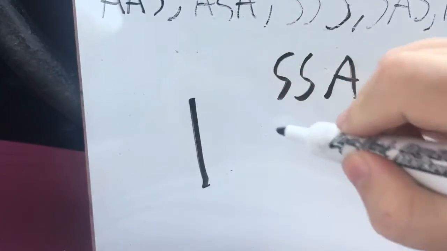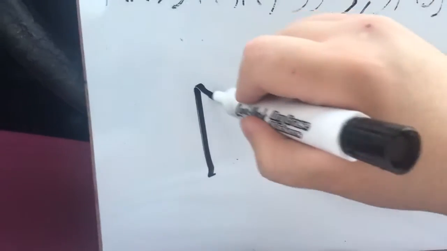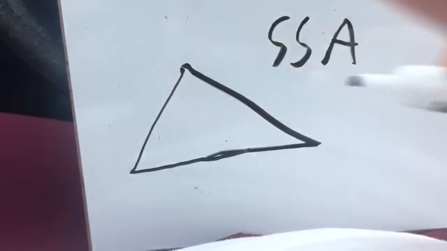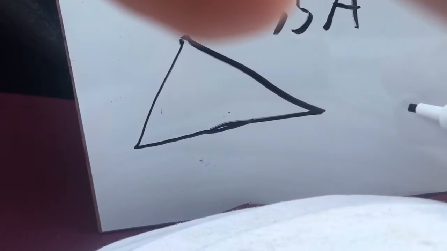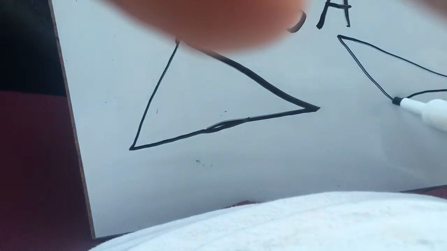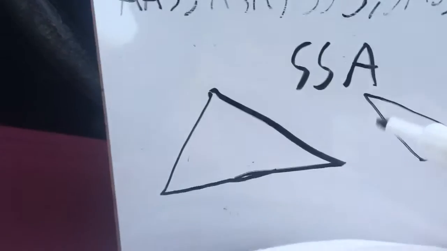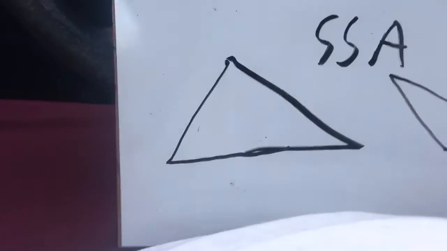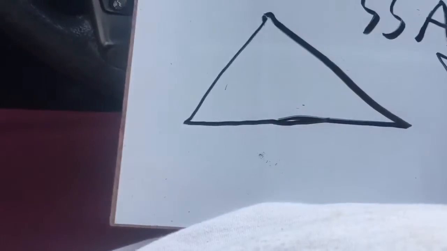Let's say there's a triangle. Actually, let me draw it better than this. Let's say there's a triangle like this, and there's a triangle like this. Let's see, I'm trying to remember how this is done.